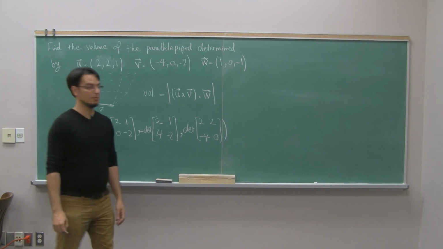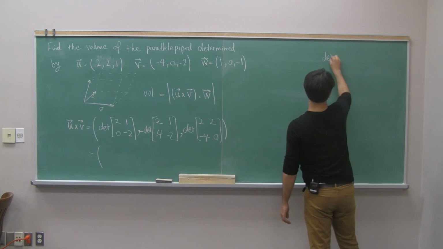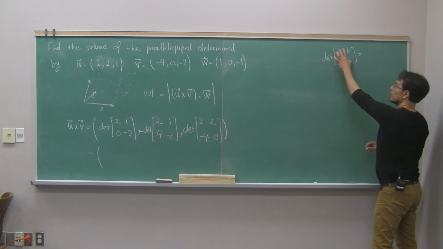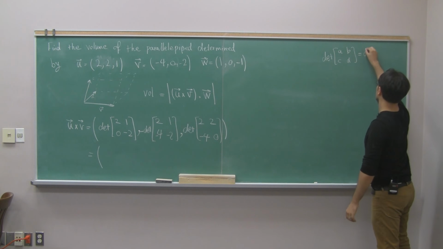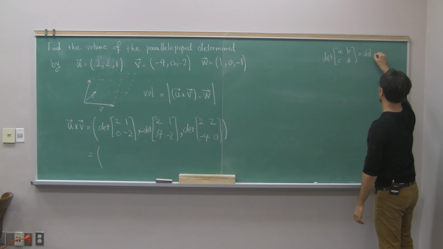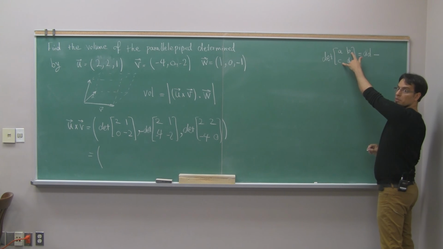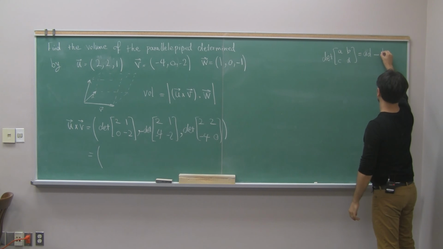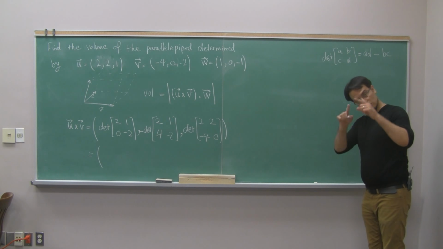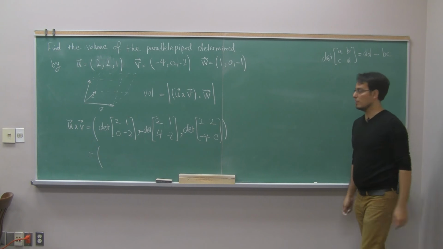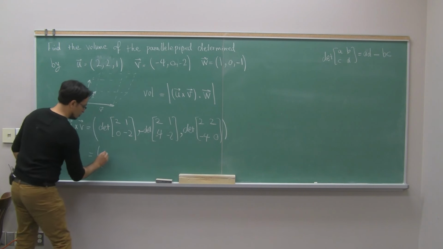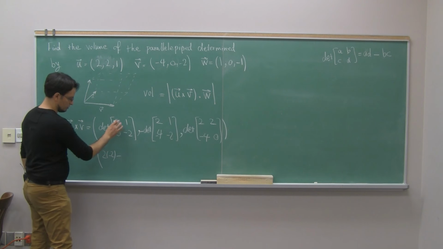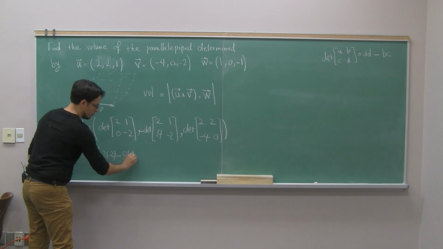What do we mean by the determinant of a 2 by 2 matrix? Let me write it here. The determinant of the matrix with rows A, B and C, D is: you multiply the diagonal elements, A times D, and subtract from that the product of the off-diagonal terms, BC. So AD minus BC. Then this means 2 times negative 2 minus 0 times 1.